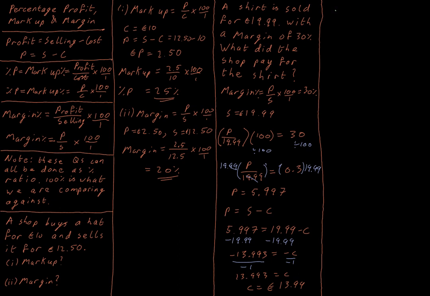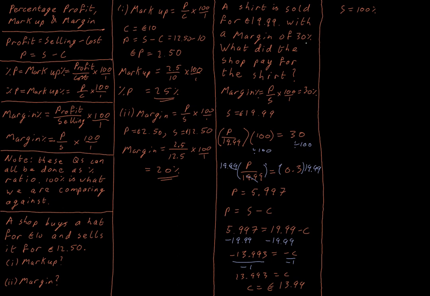So that means the selling price is going to be 100%. So we're used to thinking of the cost price with a percentage profit of being 100%. But because in the margin we are comparing to the selling price, that means that we would take it as being 100%.